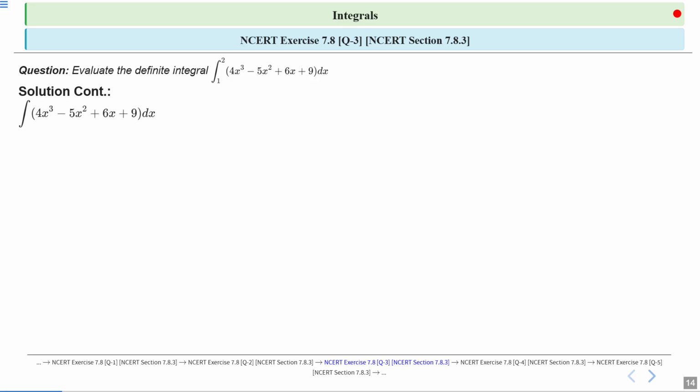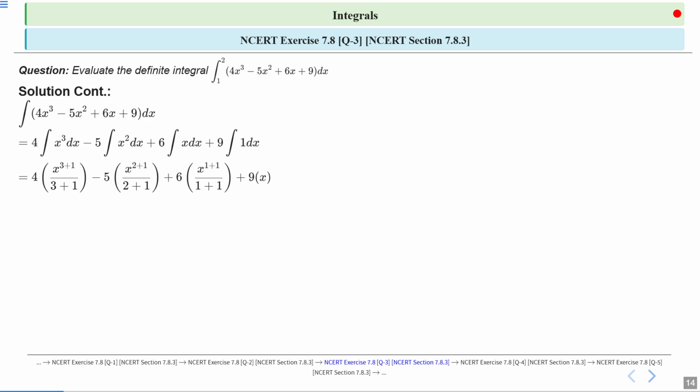So for the integration of 4x cube minus 5x square plus 6x plus 9 dx, the integration is separated into individual terms. The constants come out of the integral sign. We get 4 times the integration of x cube, minus 5 times the integration of x square, plus 6 times the integration of x, plus 9 times the integration of dx.